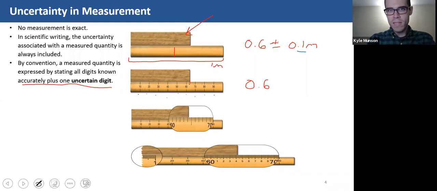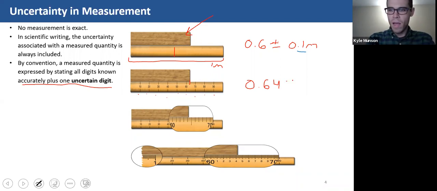But if I want to guess the next digit here, I'm going to guess that maybe it is 0.64, okay? Because it doesn't look like it's quite between the 0.6 and 0.7 mark or the 60 and 70 centimeter mark. So I'm going to guess it's 0.64.